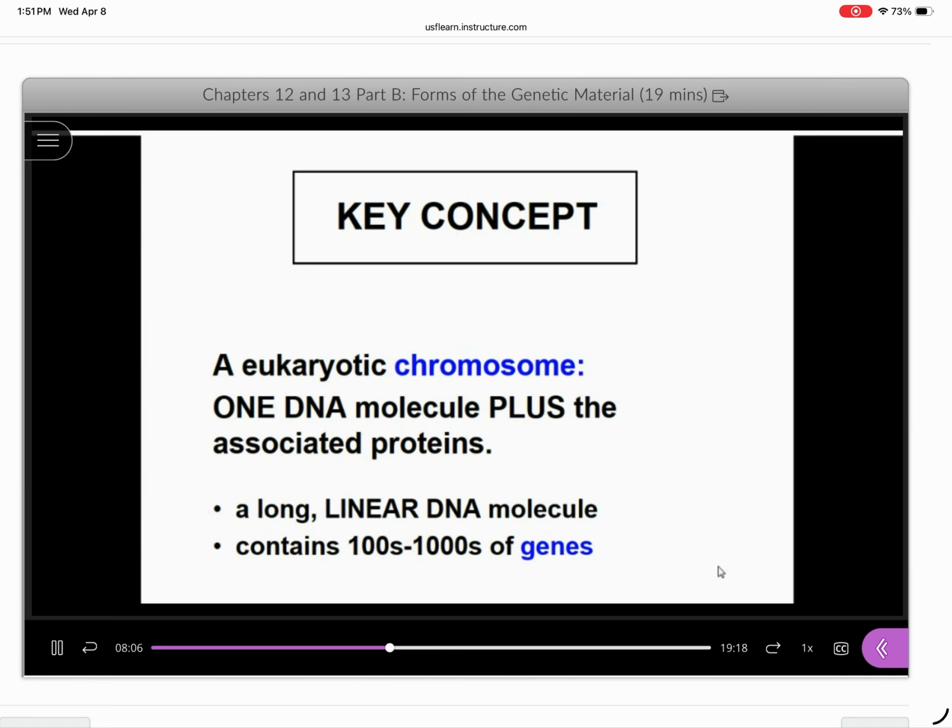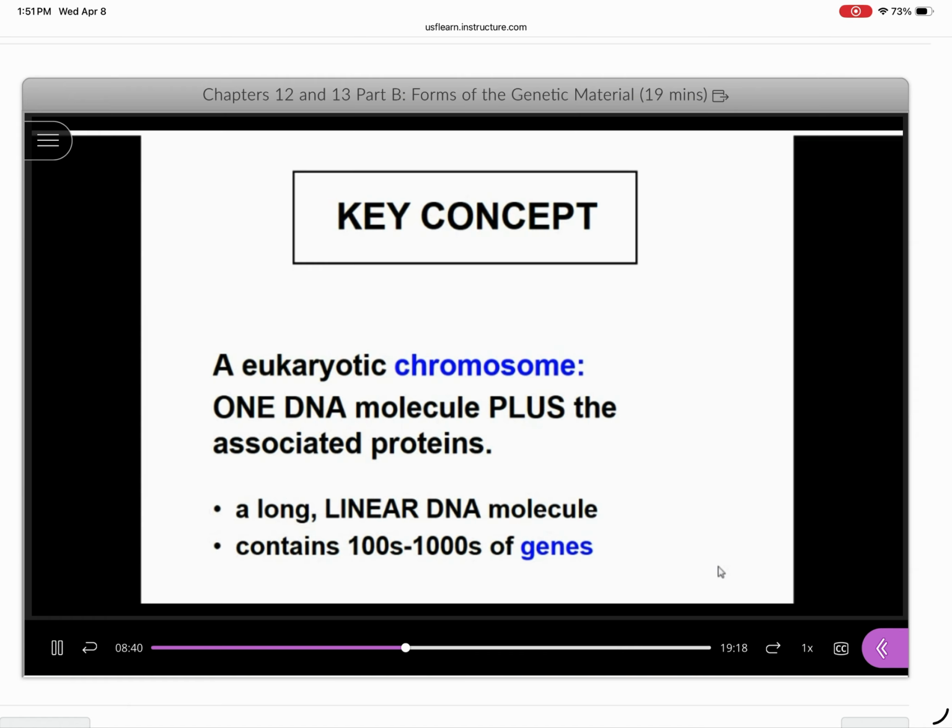In eukaryotes, the DNA is linear, not circular. It's linear, so you've got two ends. The ends are called what? Telomeres. The ends of a chromosome are telomeres. DNA has two telomeres.